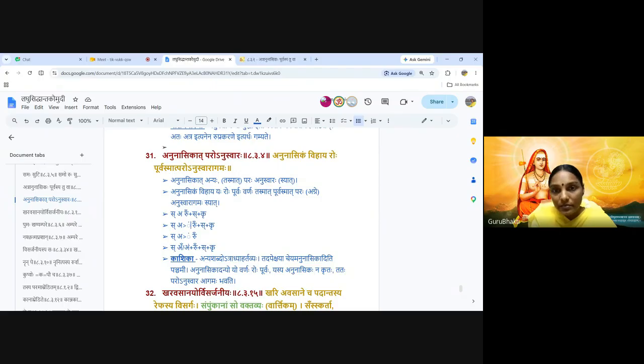Is that clear? I'll explain again. Anunasikam vihaya means the previous form we have to leave. The optional form, whatever is remaining without the application of the anuswara, and not anuswara, anunasika. So this is without applying anunasika. Roho purvasmat.